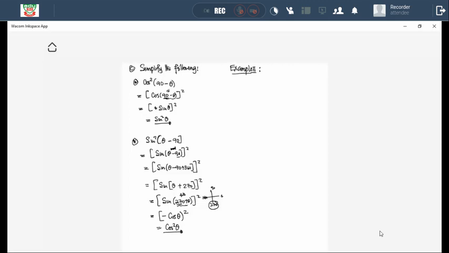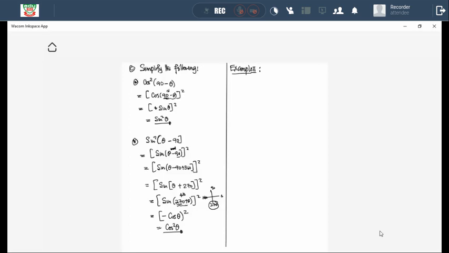How do I deal with negative angles when they are numerical? How do I adjust them? How do I simplify them? That's the question: how are you going to simplify numerical angles that are negative?